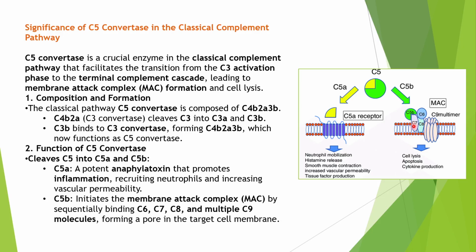And then C5b forms the membrane attack complex by binding to C6, C7, C8 and a multimer of C9. So this then forms a pore-forming complex in the target cell, which then leads to cell lysis, apoptosis and cytokine production.